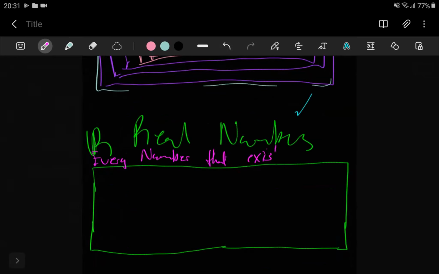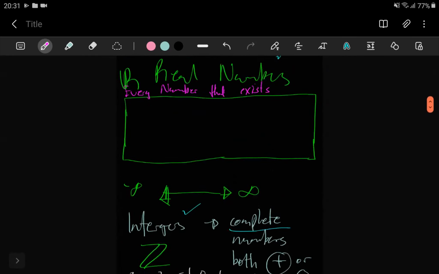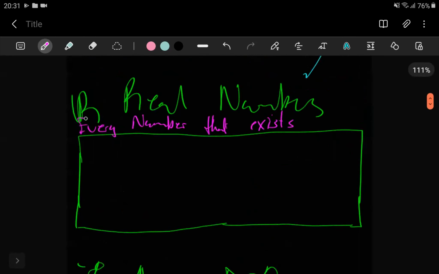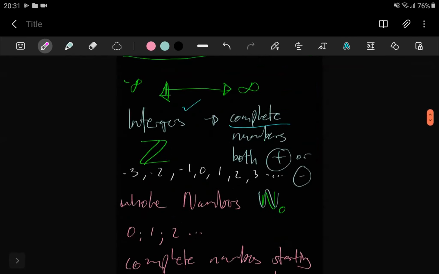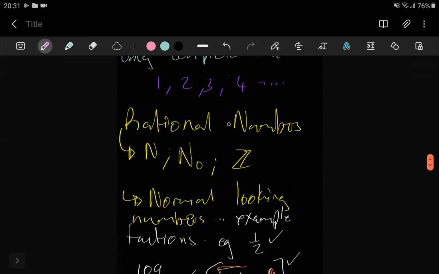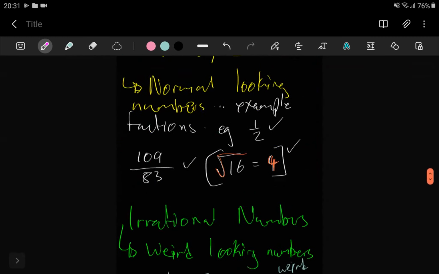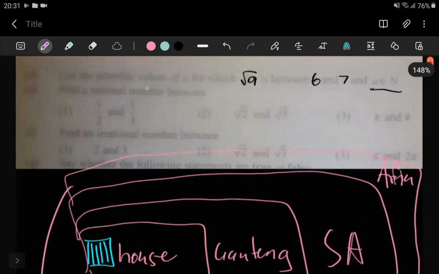So this is absolutely everything. Rational numbers, irrational numbers, natural numbers, all the shebang. That's what real numbers are. So inside these real numbers, some of them are integers, some are whole numbers, some are natural numbers, some are rational, some are irrational. So that's the idea behind what we need to know before we even tackle any of this.